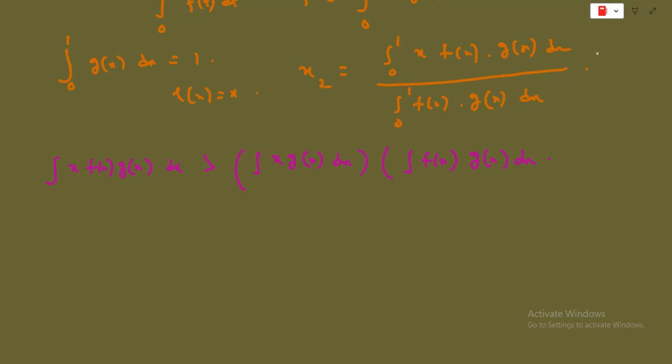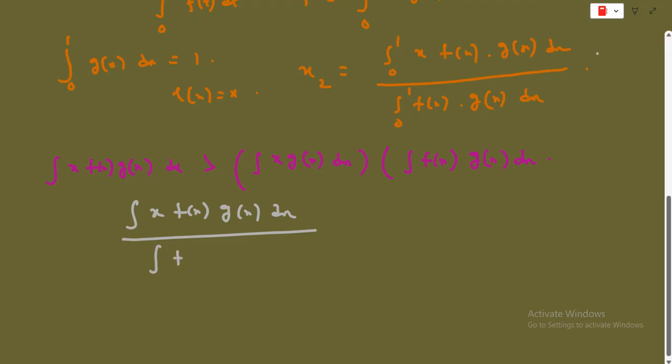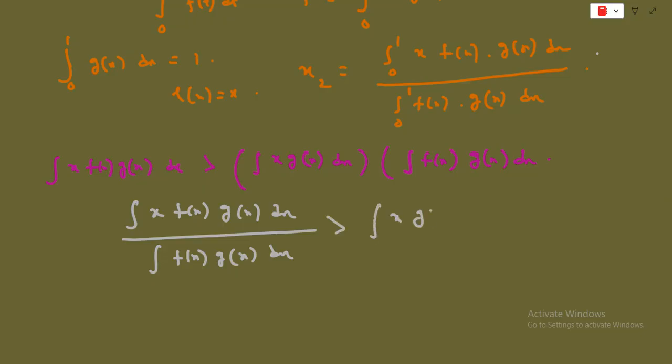So we get what? The integral of x f(x) g(x) dx divided by the integral of f(x) g(x) dx is greater than the integral of x g(x) dx. Right? But wait for it. The left side is x2 and the right side is x1. Right? So x2 is greater than x1.